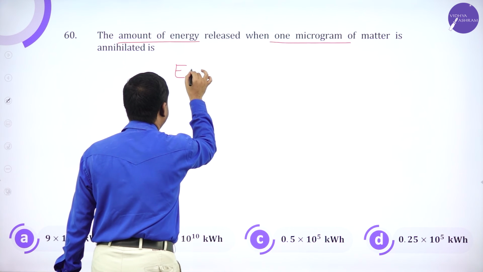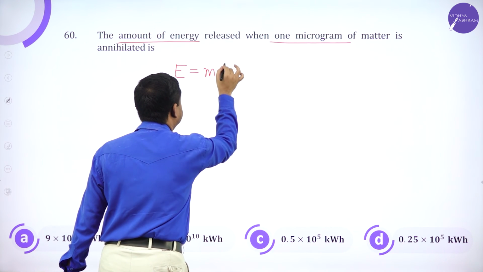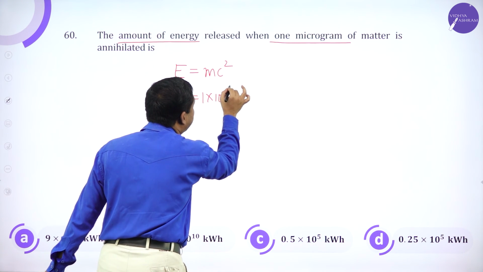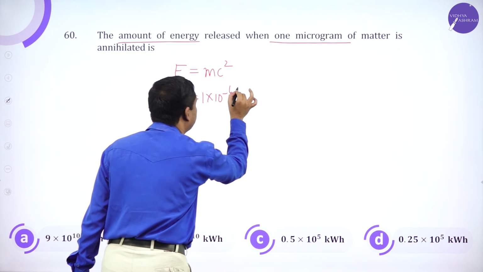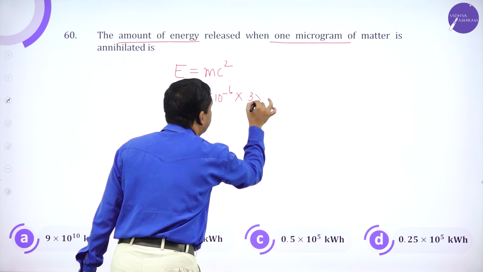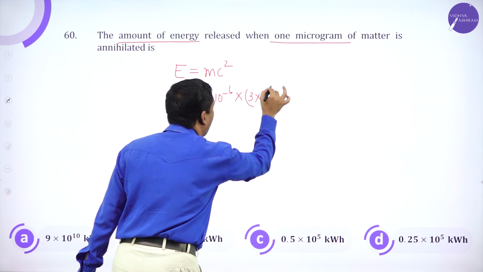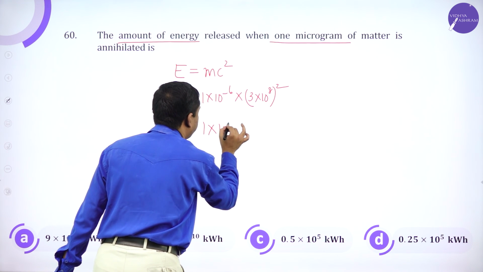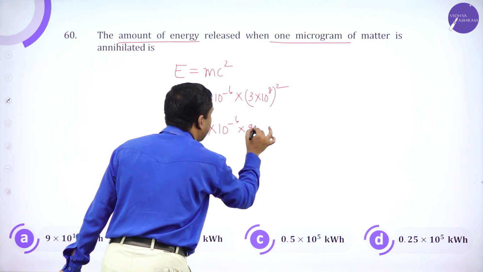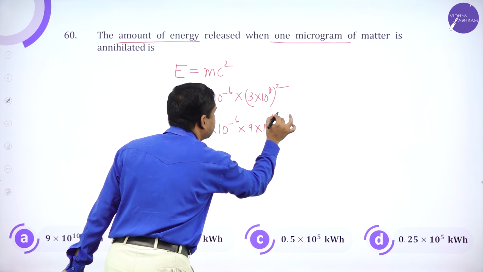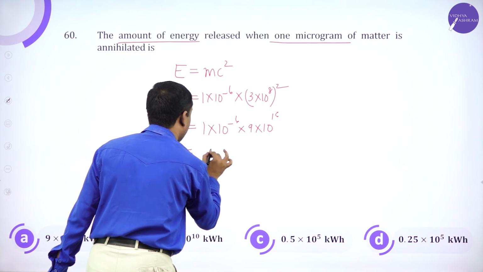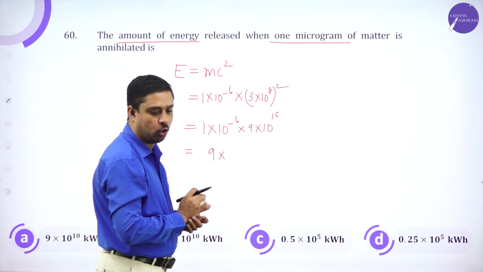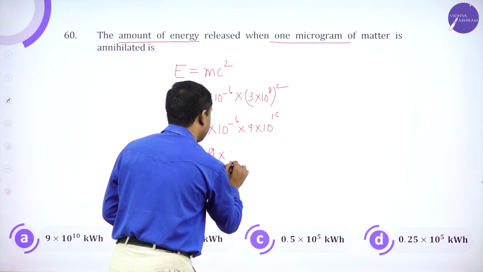So, E is mc square, 1 into 10 power minus 6 into (3 into 10 power 8) whole square, which is 1 into 10 power minus 6 into 9 into 10 power 16, or 9 into 10 power 7 joules.